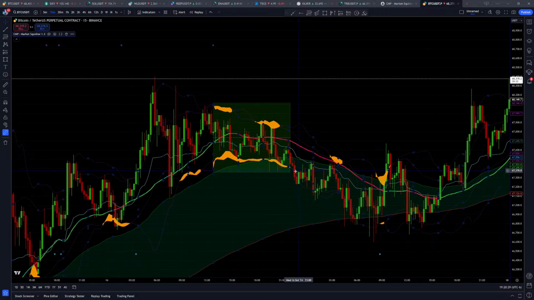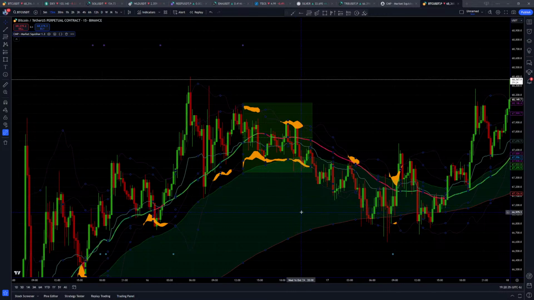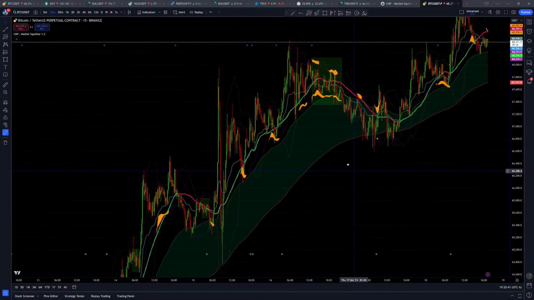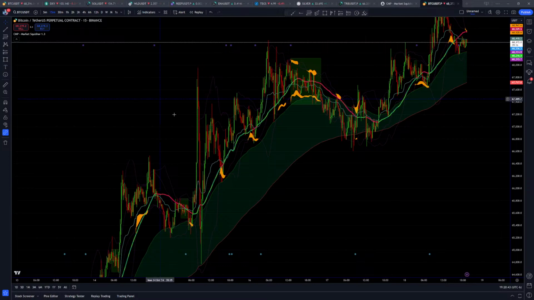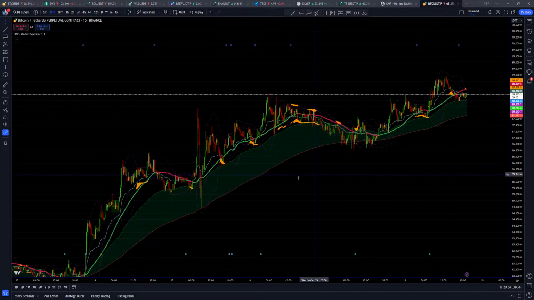Yeah, this is a good example of the reason I wasn't liking this whole move recently, because it just went on so long. To me, when you see the squeezes kind of far apart and it goes on for quite a while, I like to zoom out.